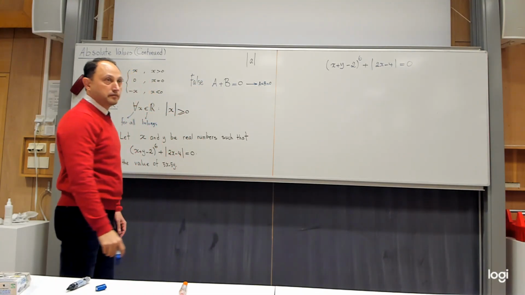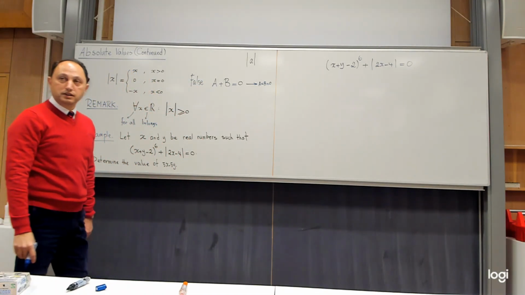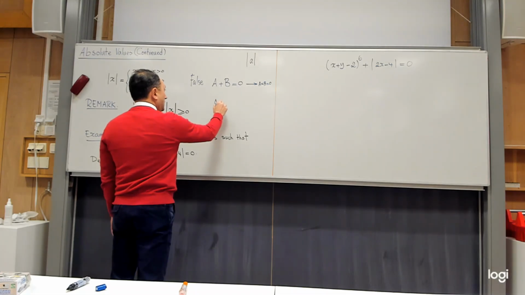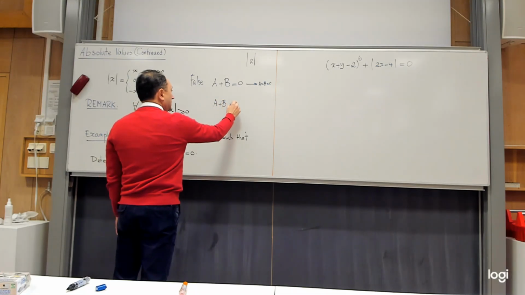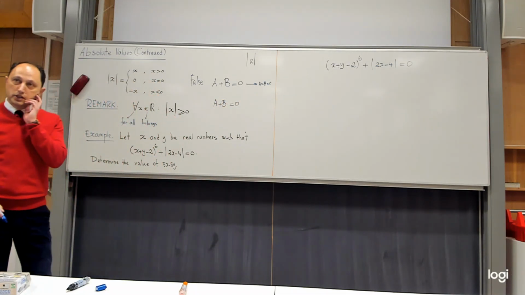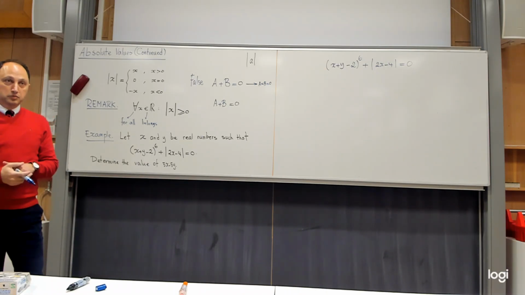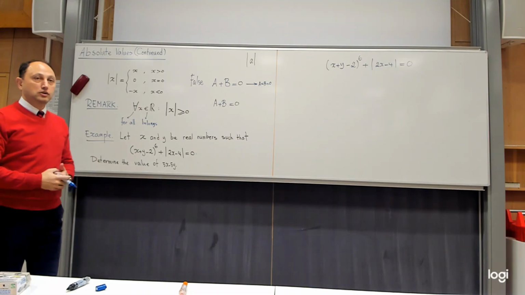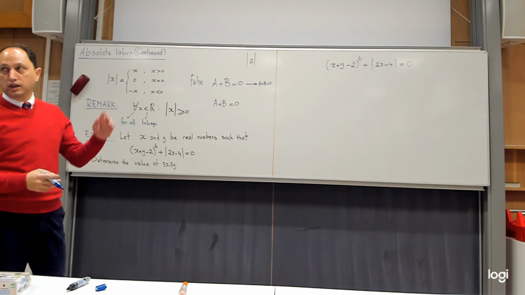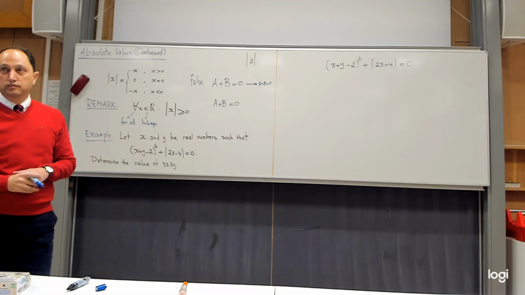But let me provide you with an extra piece of information. I tell you that again, I have chosen two numbers. None of them is a negative number. And the sum is equal to 0. Then can you conclude A = B = 0?